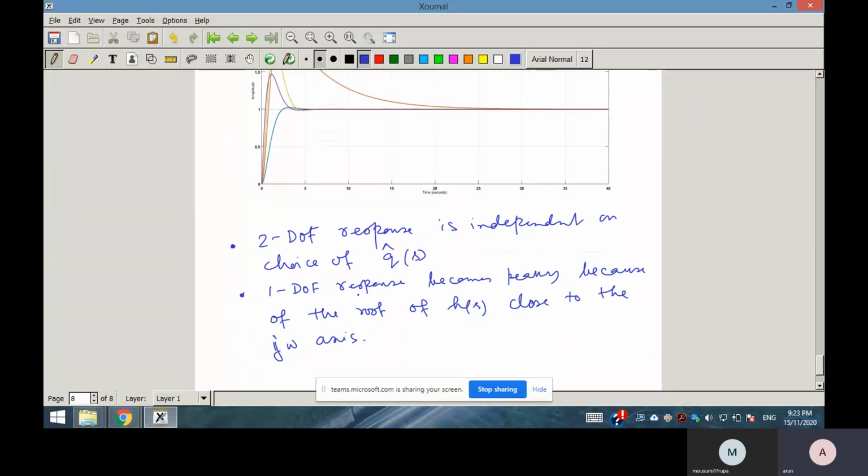So this is the disadvantage of 1 degree of freedom control as far as response is concerned.